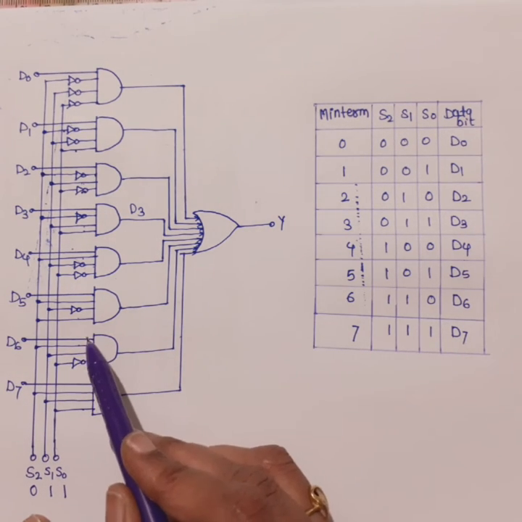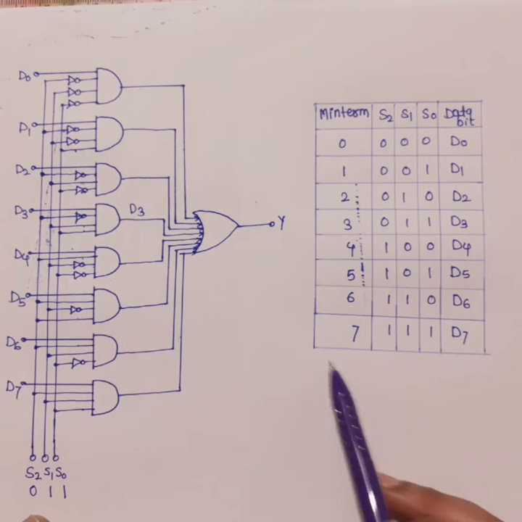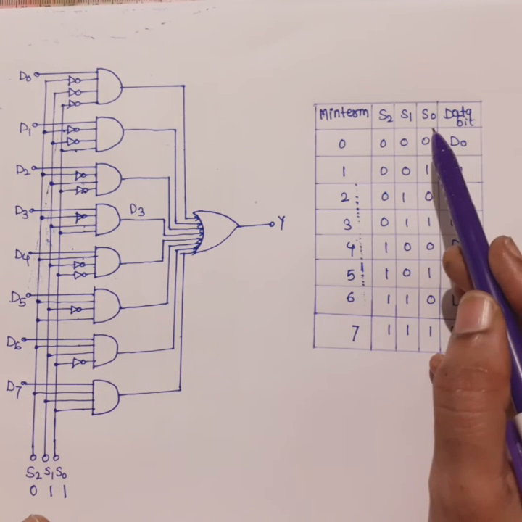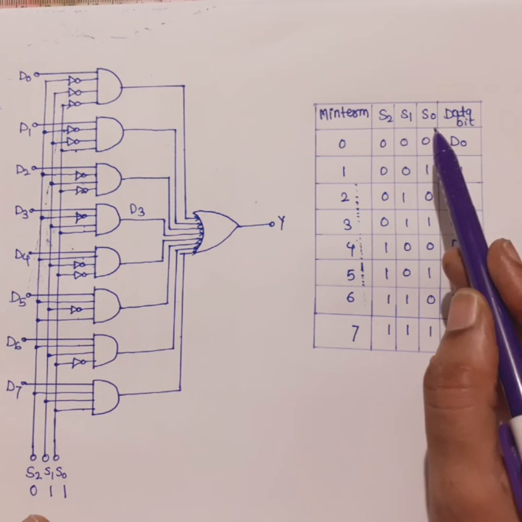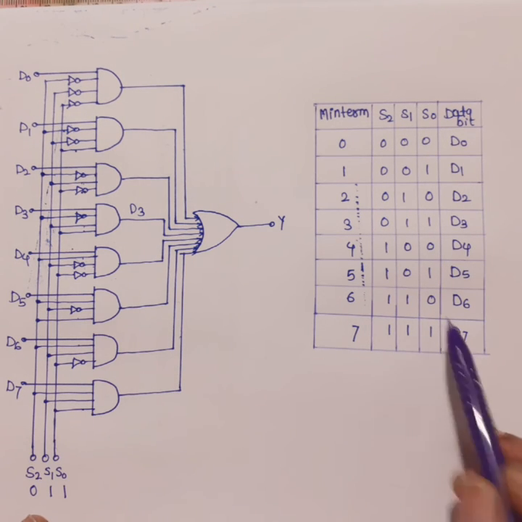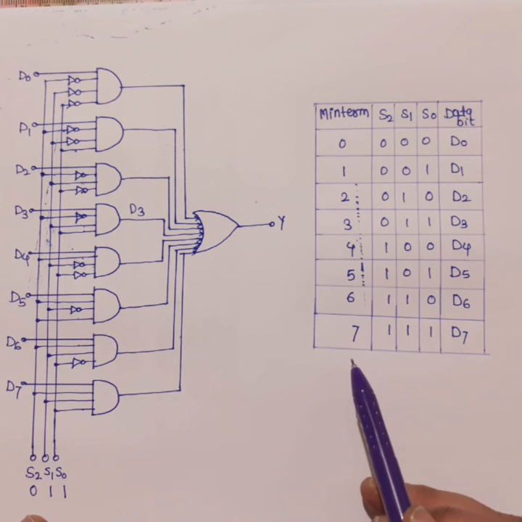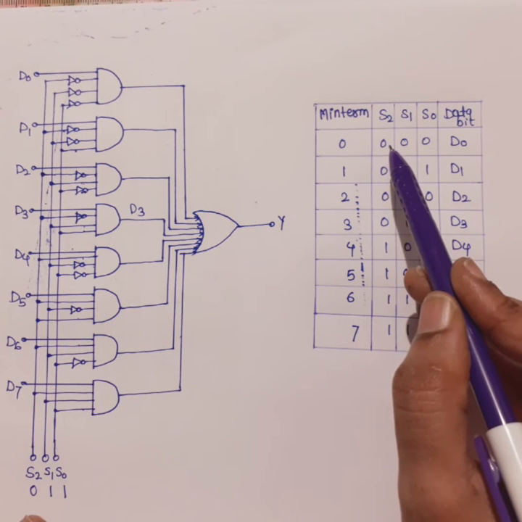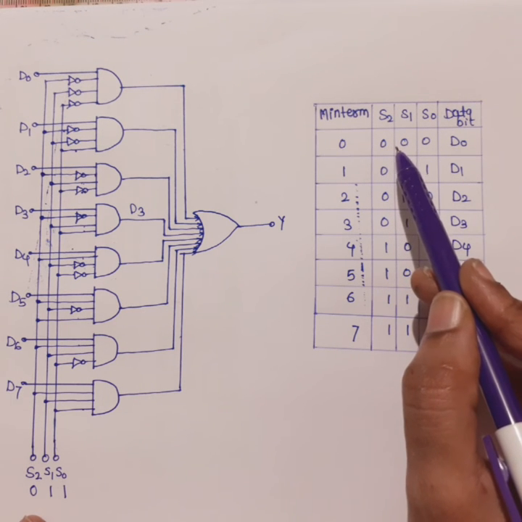These connections can be drawn easily by following this truth table. S2, S1, S0, 3 variables are giving rise to 8 combinations, 0, 0, 0 up to 1, 1, 1. With the truth table we have the minterms, because every combination inherently exhibits AND operation.